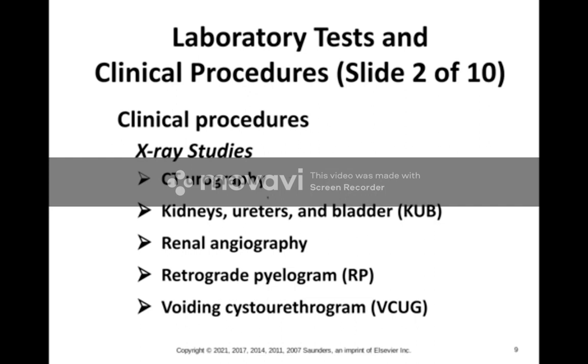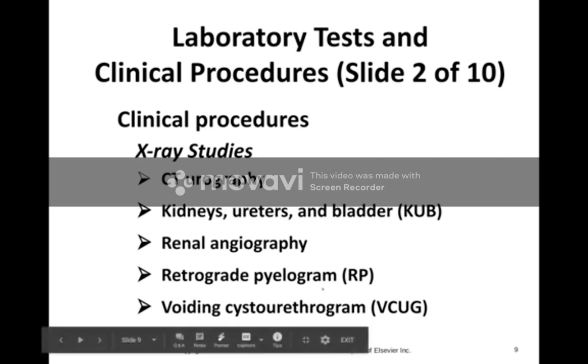You can also take a look at the kidneys, ureters, and bladder, KUB. You can do a renal angiography, a retrograde pyelogram, and then a voiding cystourethrogram. So that would be while urinating, while voiding.